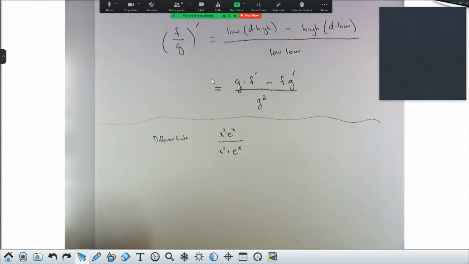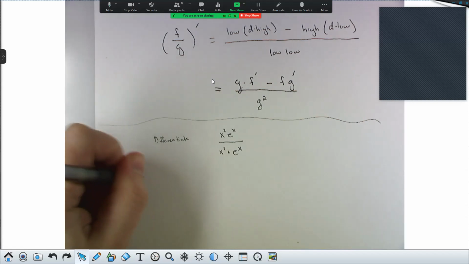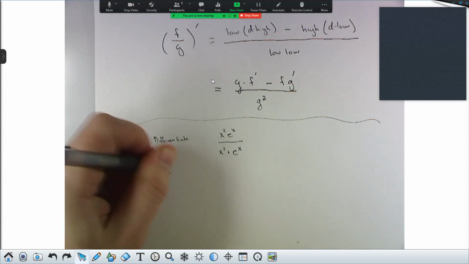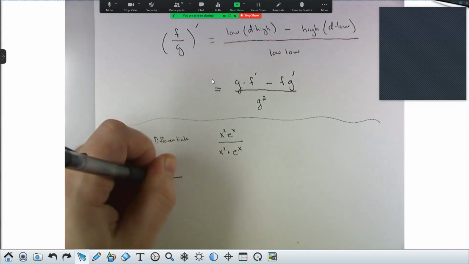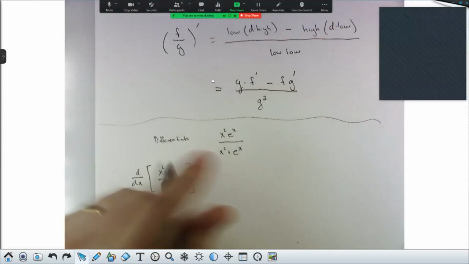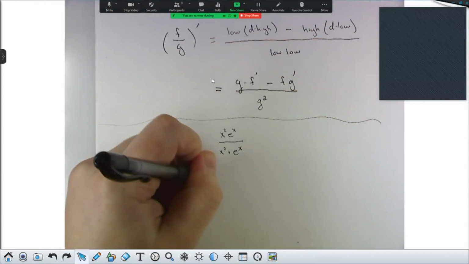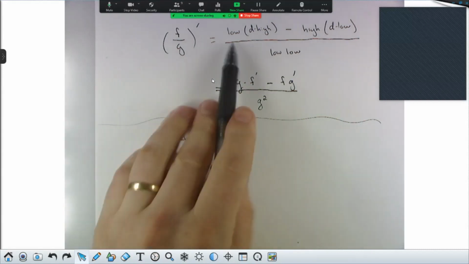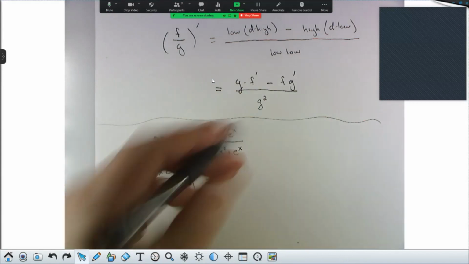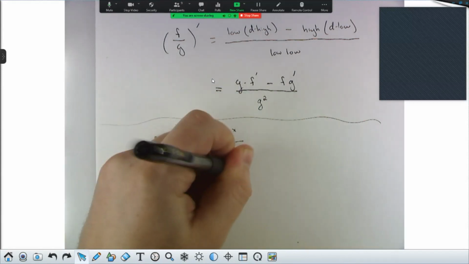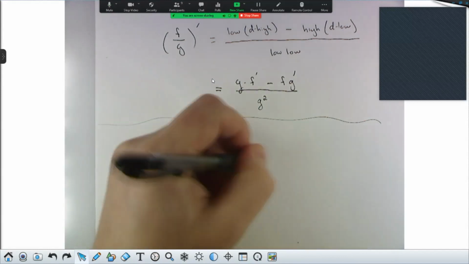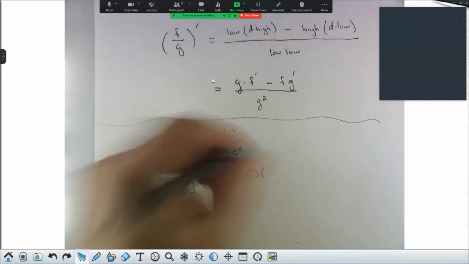So here's how I would set this up. I would say d dx of this thing, x squared e to the x divided by x squared plus e to the x. I like to use the prime notation. So we know this is going to be low d high minus high d low over low low. So that's x squared plus e to the x times x squared e to the x primed.